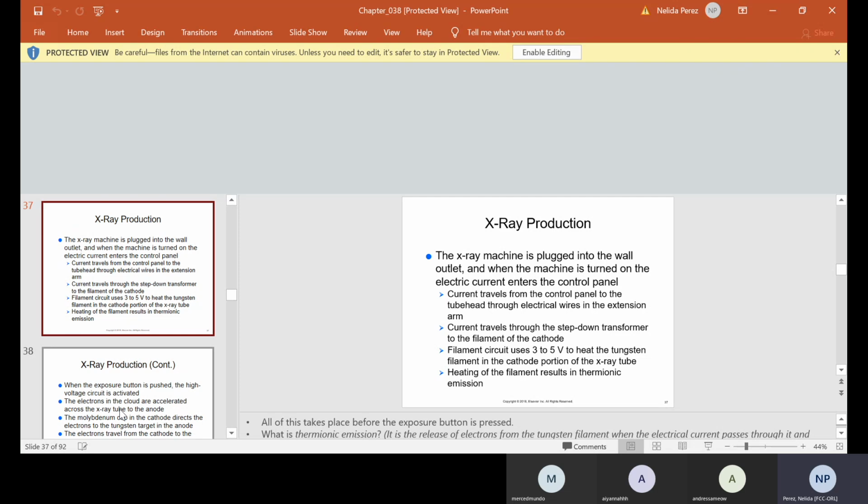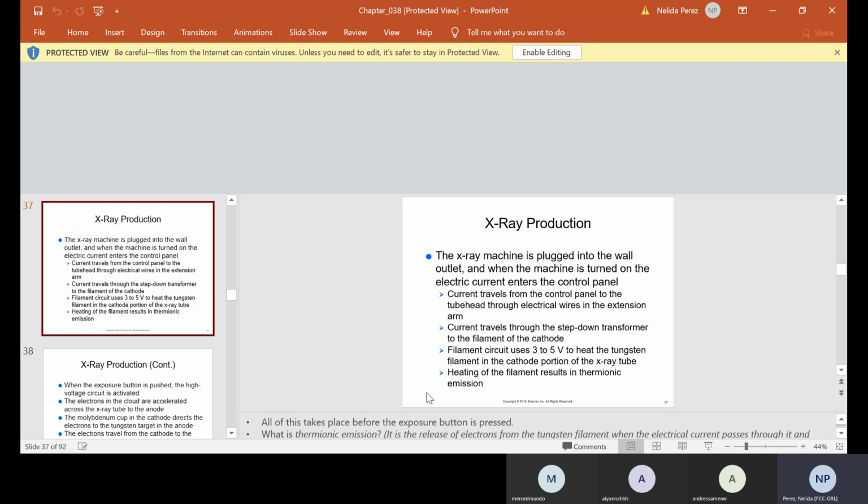The filament circuit uses 3 to 5 volts to heat the tungsten filament in the cathode portion of the X-ray tube, and the heating of the filament results in thermionic emission. All of this takes place as soon as you press that exposure button.